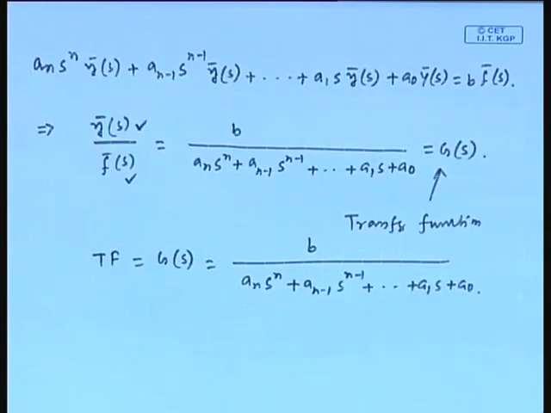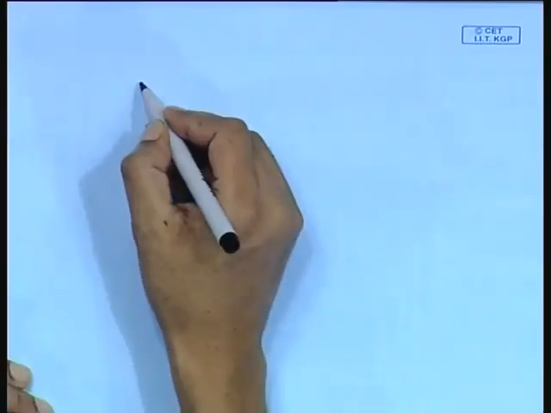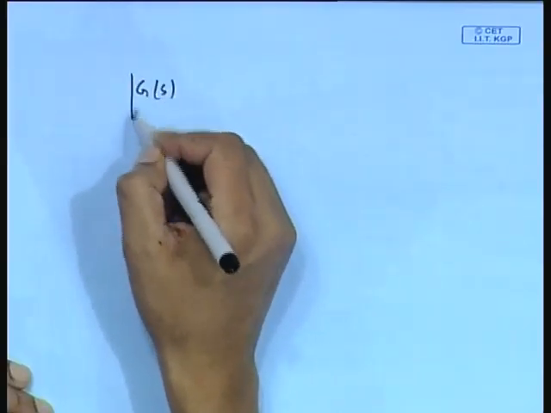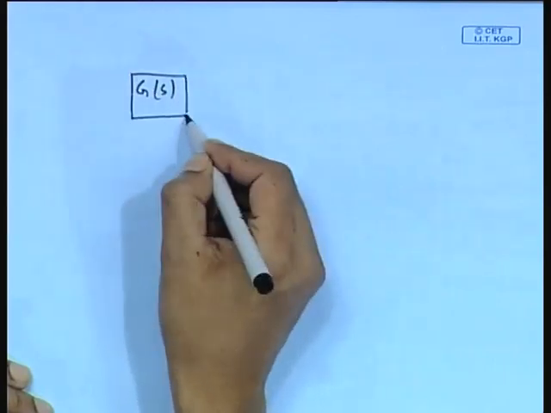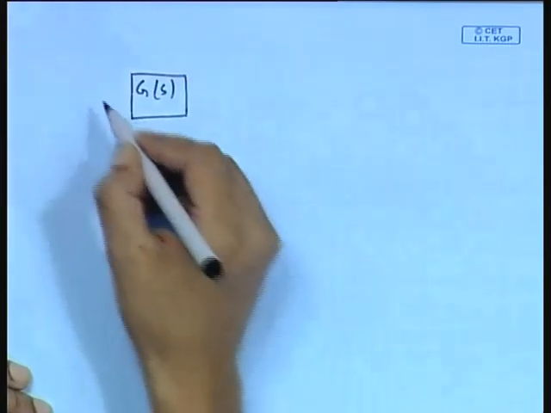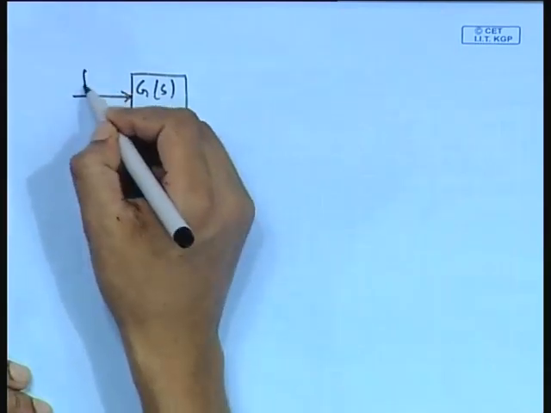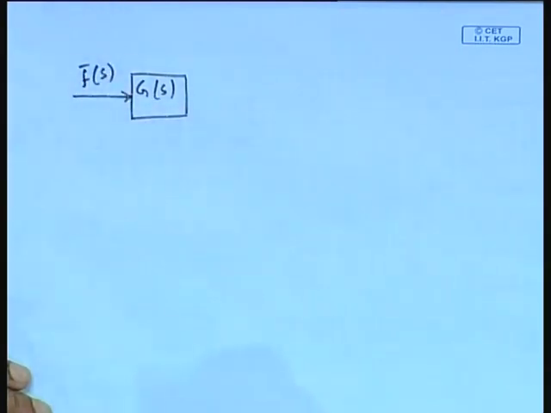So, we have represented the process in time domain using the block. Now, we need to represent the whole process in terms of Laplace domain. How we can represent it? It is very simple. We will represent the process by G(s) here. Our input is, we will write in S domain.